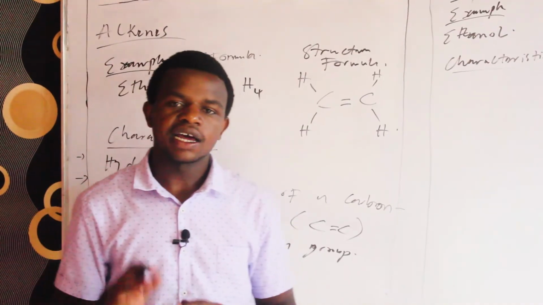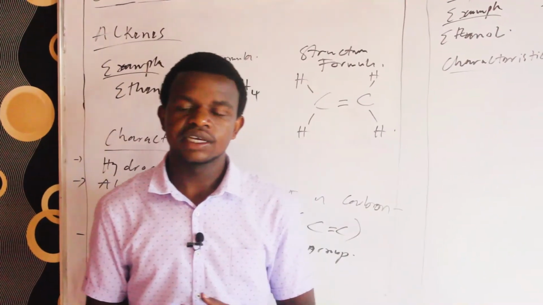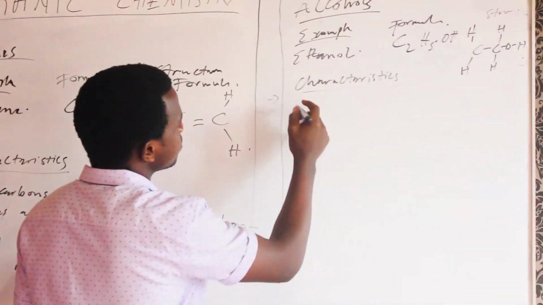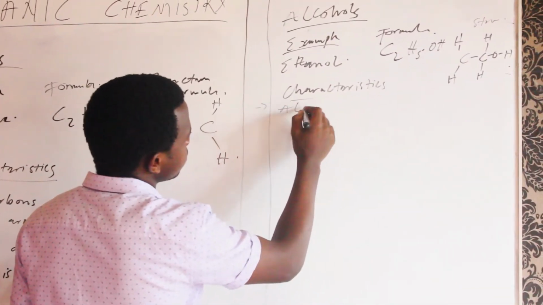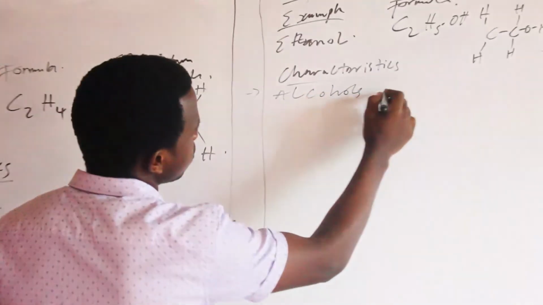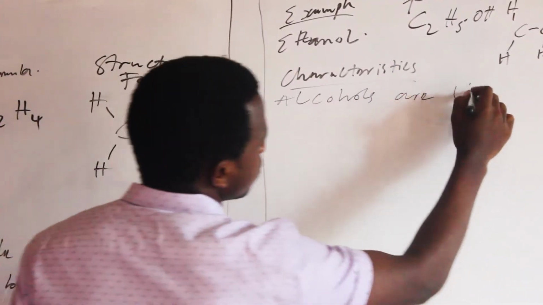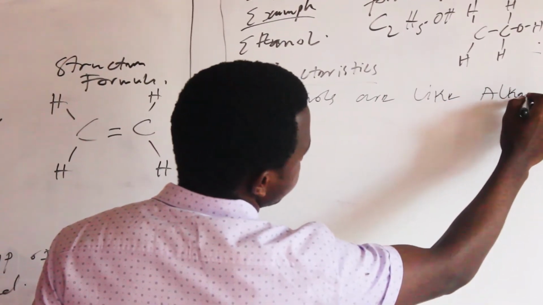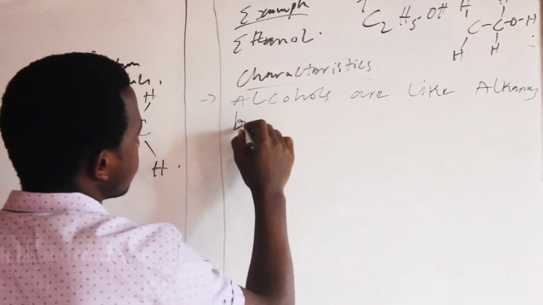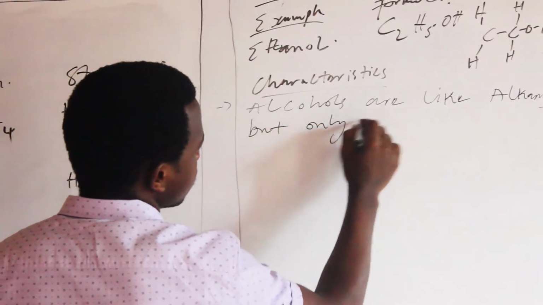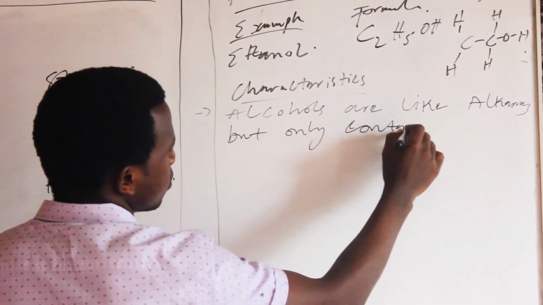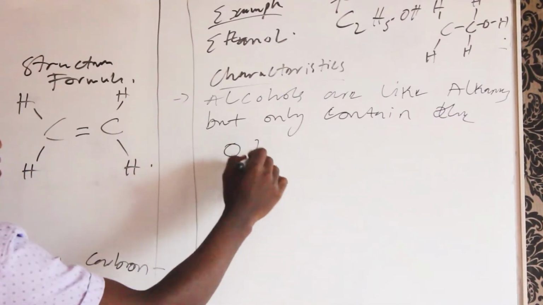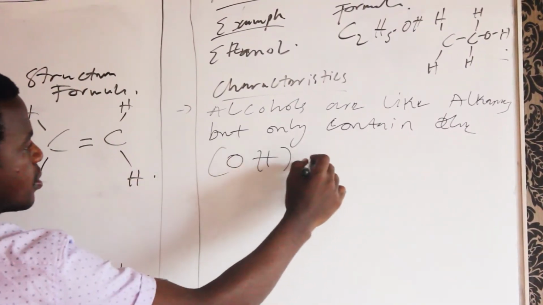So the alcohols are like the alkanes, but they contain the OH group.